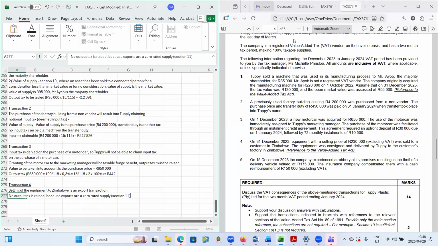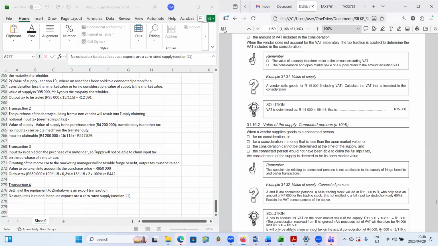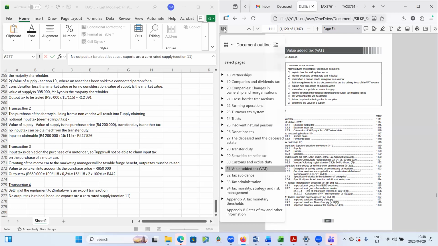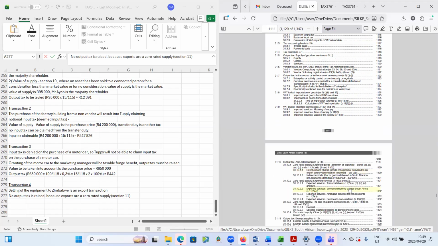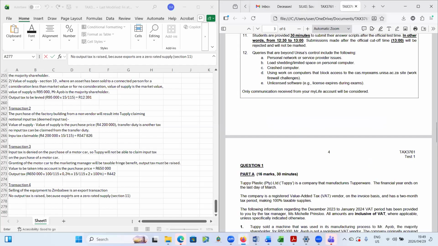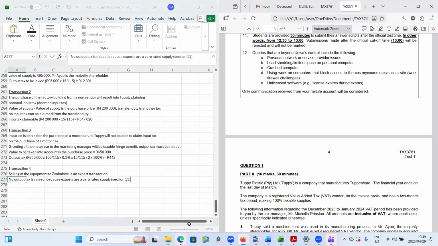Let me verify. Yeah, section 11. I'm right, section 11. So we are done with transaction 4. Export is section 11. Exempted supply is section 12. Transaction 5.